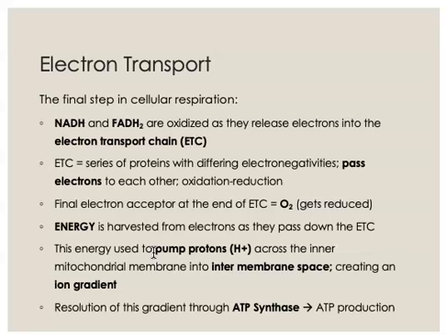We're in the inner chamber of the mitochondria. We're going to pump protons, hydrogen ions, from the matrix across the inner mitochondrial membrane into the intermembrane space. Whew, lots of terms there. This is going to create an ion gradient, and ion gradients have potential energy.